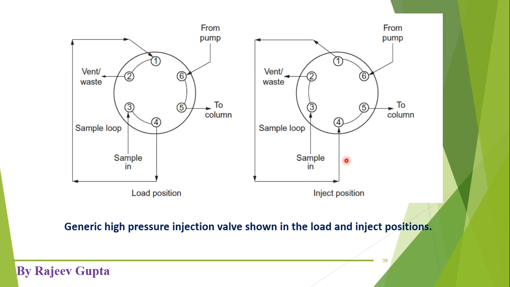So this is the injection position, actual injection, where we switch our valve or rotate our valve. Then this loop which is already filled with our sample liquid is combined with the main stream of our mobile phase, which is present at high pressure.